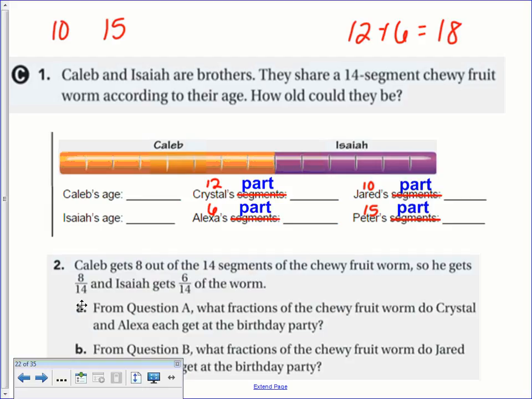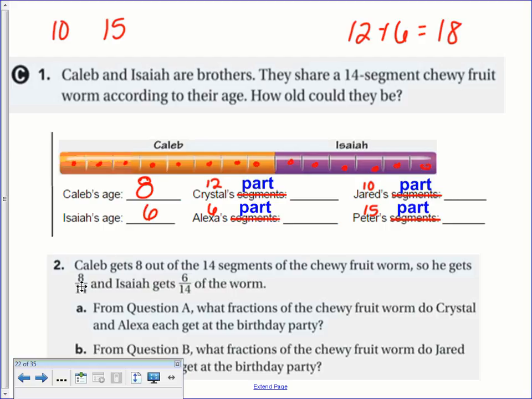So he gets 8/14, and Isaiah gets 6 out of the 14. Well, what would their ages be? Count it. 1, 2, 3, 4, 5, 6, 7, 8. Isaiah, 1, 2, 3, 4, 5, 6.